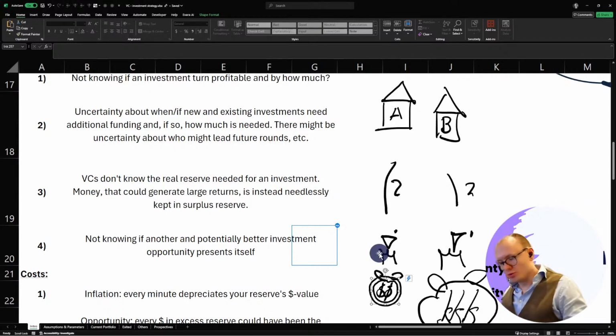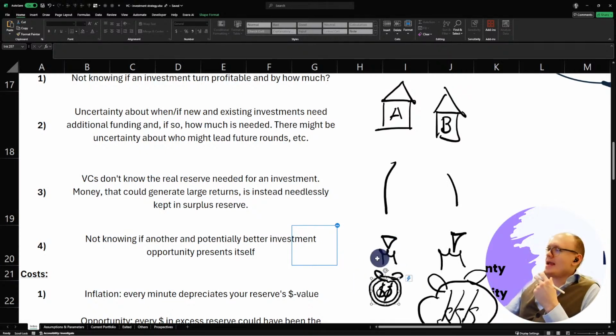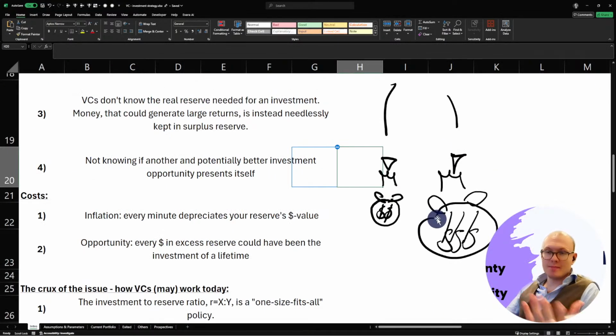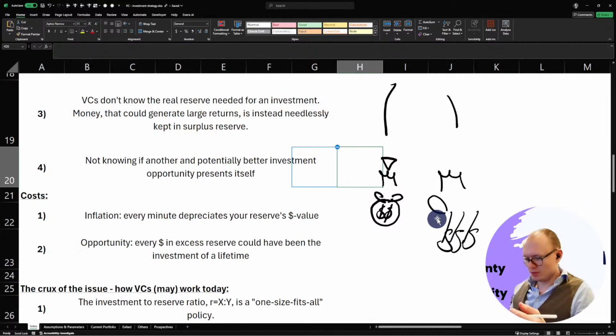So A gives us a smaller amount of money, while B gives us a much bigger, larger amount of money, assuming we make the investment the way that we've just discussed here.